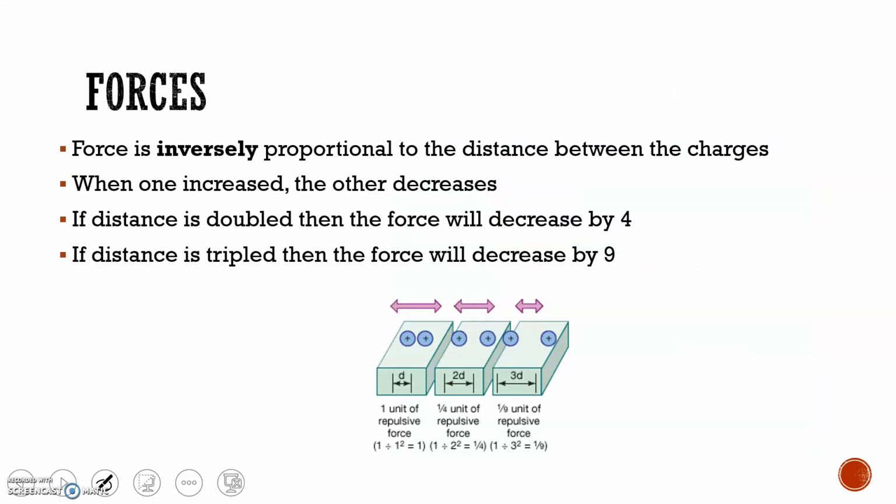Force is inversely proportional to the distance between the objects, meaning if you increase the distance between the objects, you're going to decrease the force. Making them farther apart is going to make the force less.